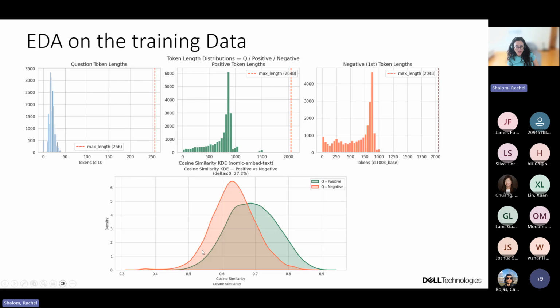And on the bottom, I wanted to check the cosine similarity of the question and positives and of the question and negatives. I wanted to see the distribution and understand what overlap I have. You can see here in red the similarity distribution of question and negatives, and in green the similarity distribution of question and positives.